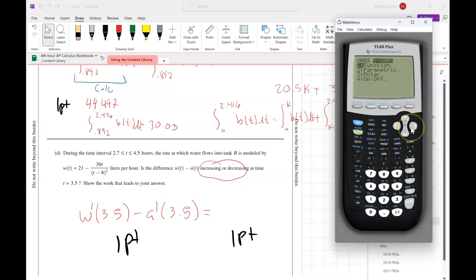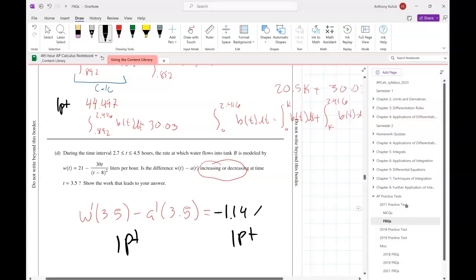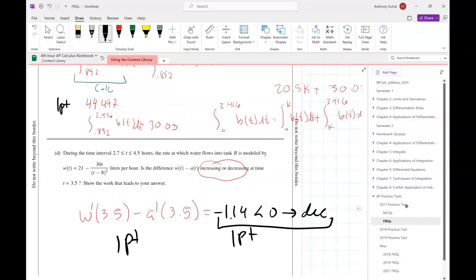So I'll just do y2 minus y1 at 3.5. So I get negative 1.14. That's less than 0, so decreasing. Bam.